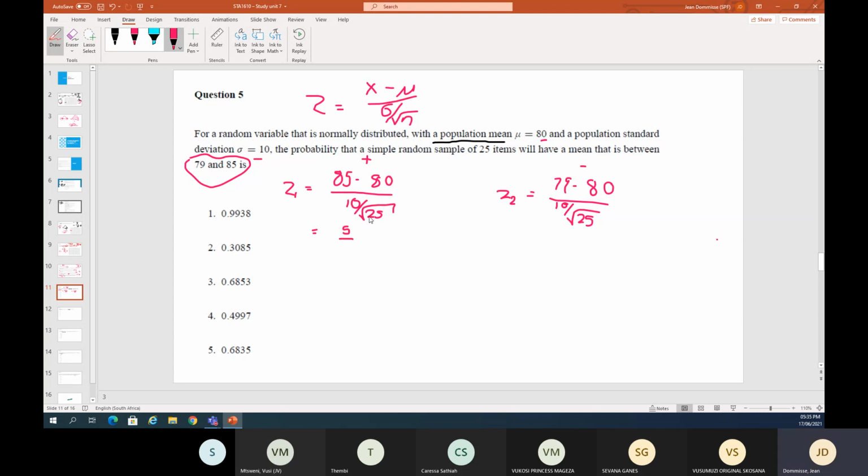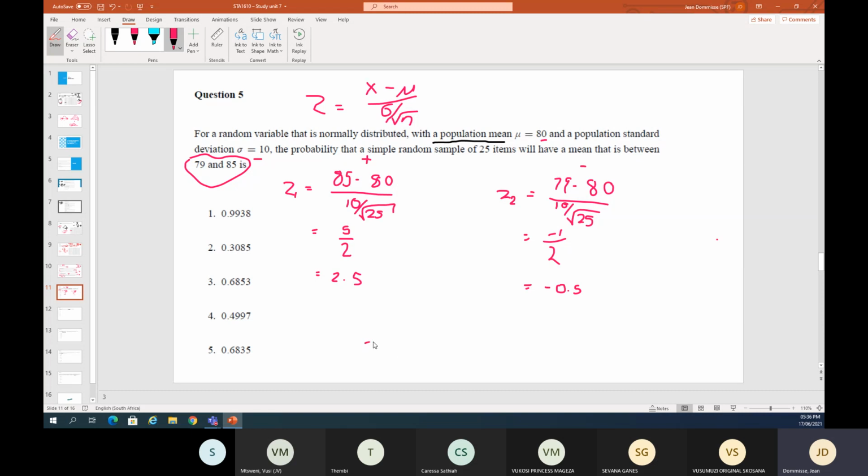Square root of 25 is 5, so 10 divided by 5 is 2. So on this side, minus 1 divided by 2. When we work it out, I need to look at that as a negative. So this one will be 2.5 and this one will be minus 0.5.